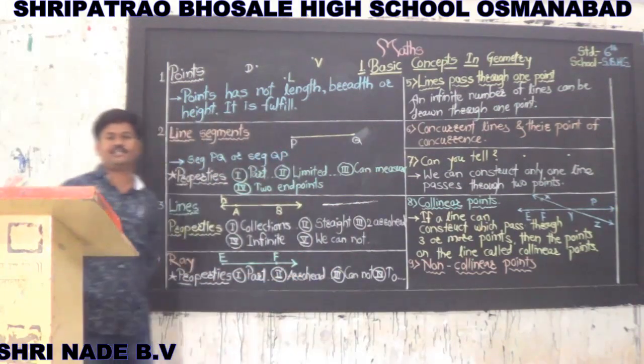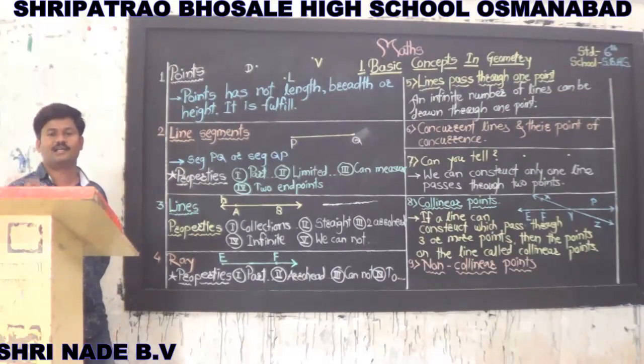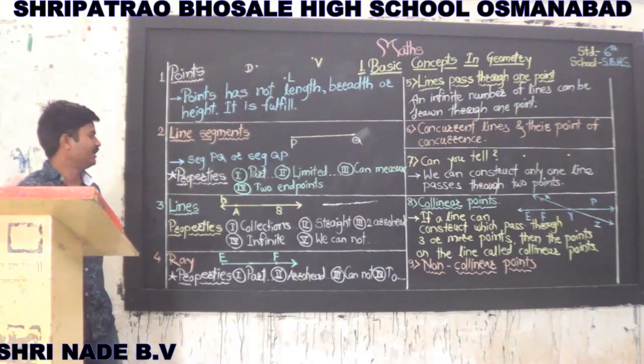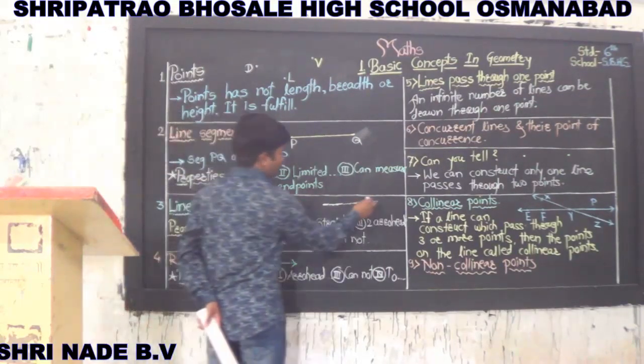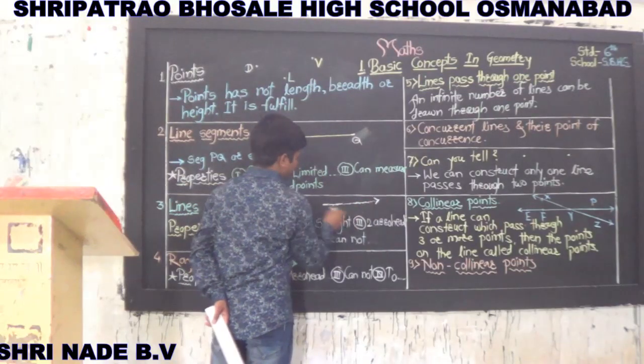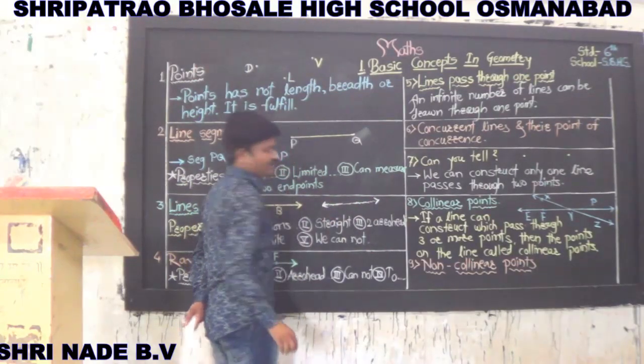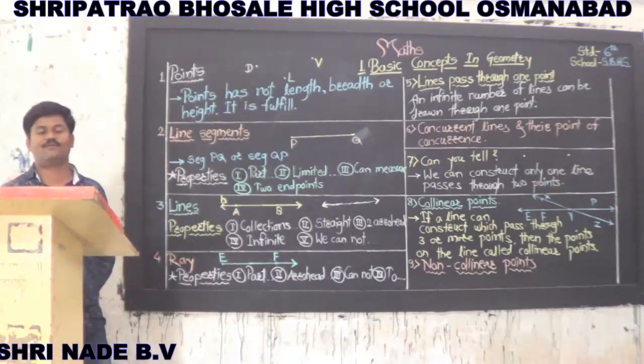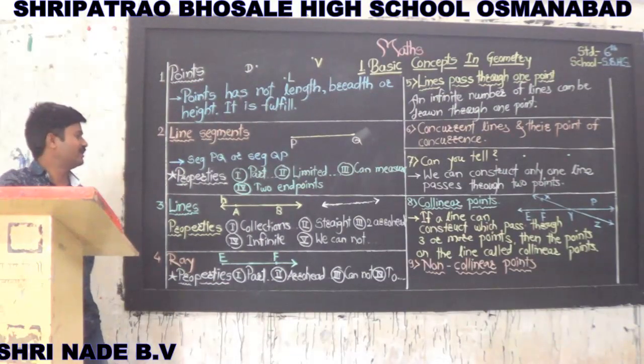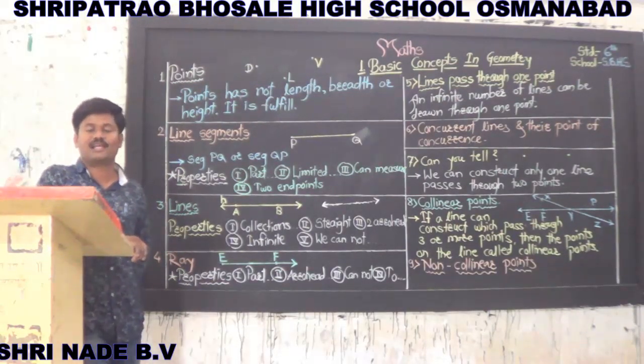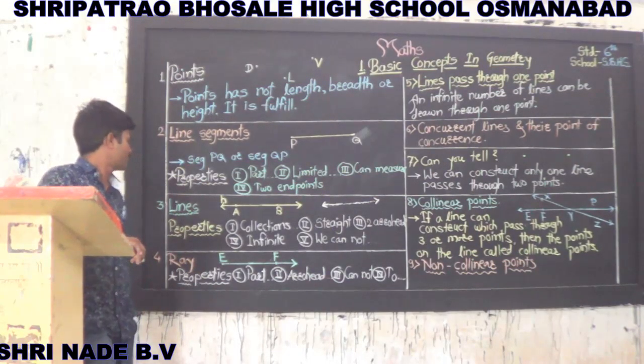Your answer is innumerable, infinite, many points. If we draw the arrowheads here, then we get the figure of a line. This means we can say lines are collections of points.